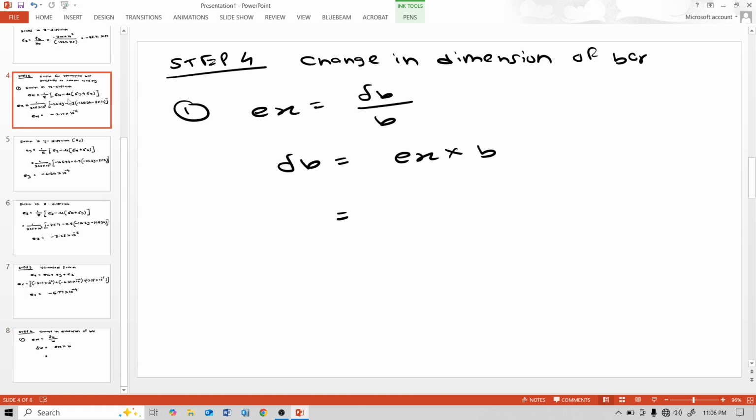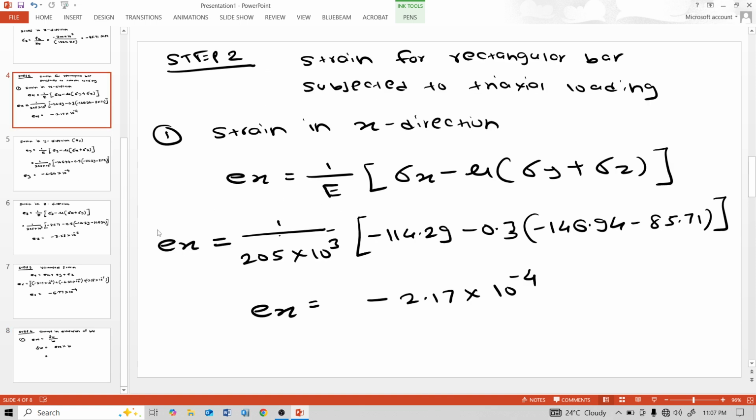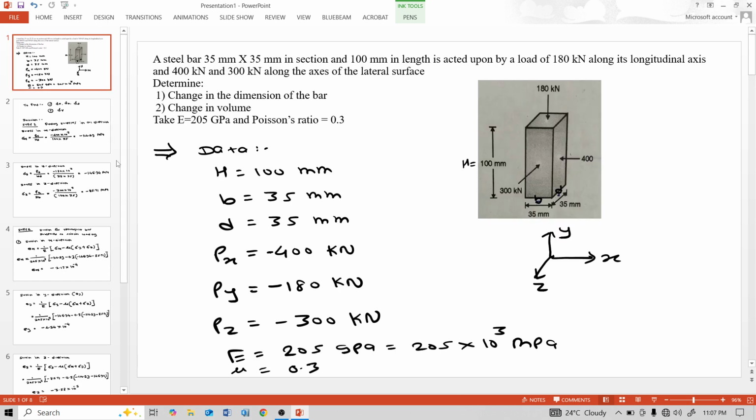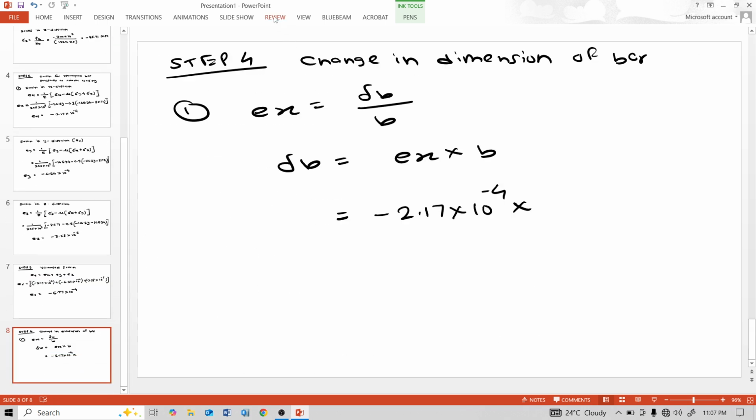Strain in x direction is minus 2.17 into 10 raised to minus 4, and B is 35 mm. Minus 2.17 into 10 raised to minus 4 multiplied by 35 is minus 7.595 into 10 raised to minus 3.